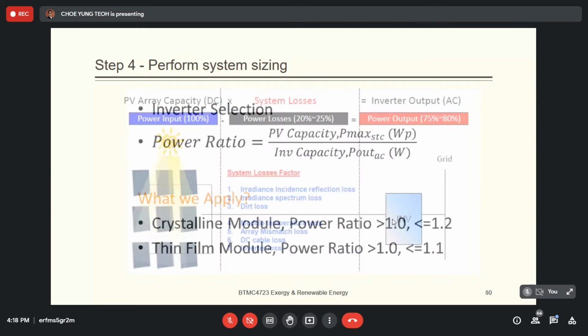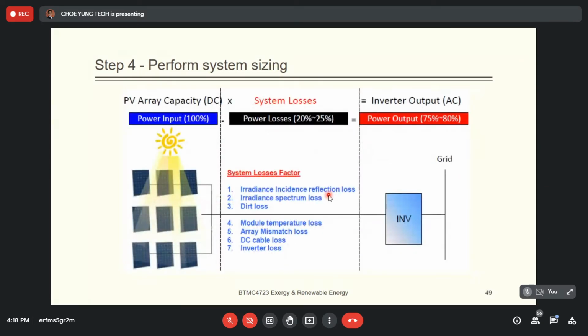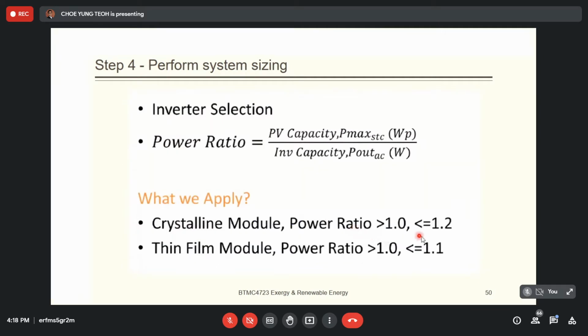But what happens if the loss is less than 20%? Your calculation is based on this assumption, but now your assumption is slightly too high. You assume too much losses already. Then you will waste some of the energy coming from the solar module. So we cannot say which one is better, it just depends on what you want.